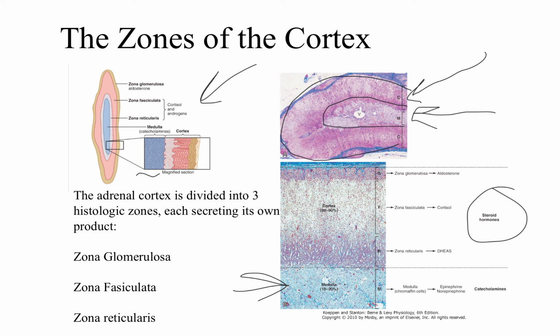Instead, we see catecholamine production by the cells in the medulla. So the cortex has these three zones, glomerulosa, fasciculata, reticularis, and they're all associated with their own product, generally steroid hormone related, and then the medulla is associated with catecholamine production.